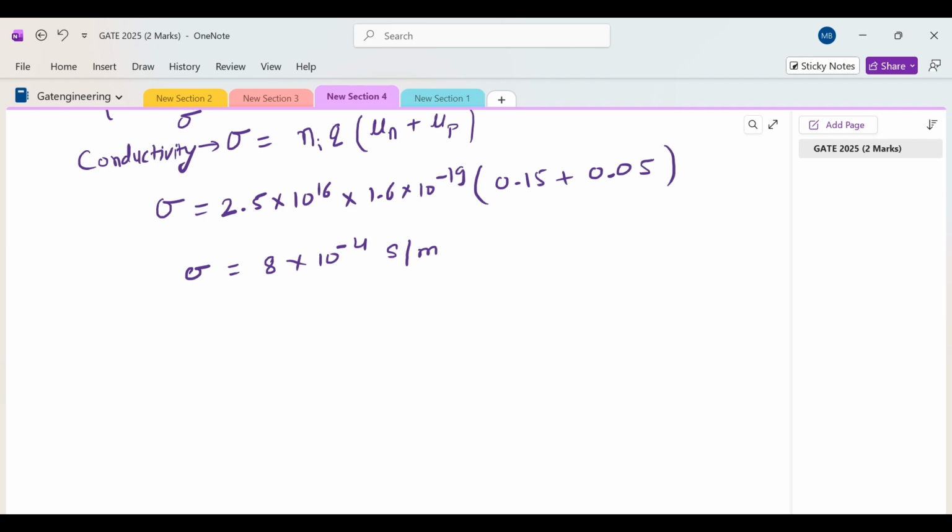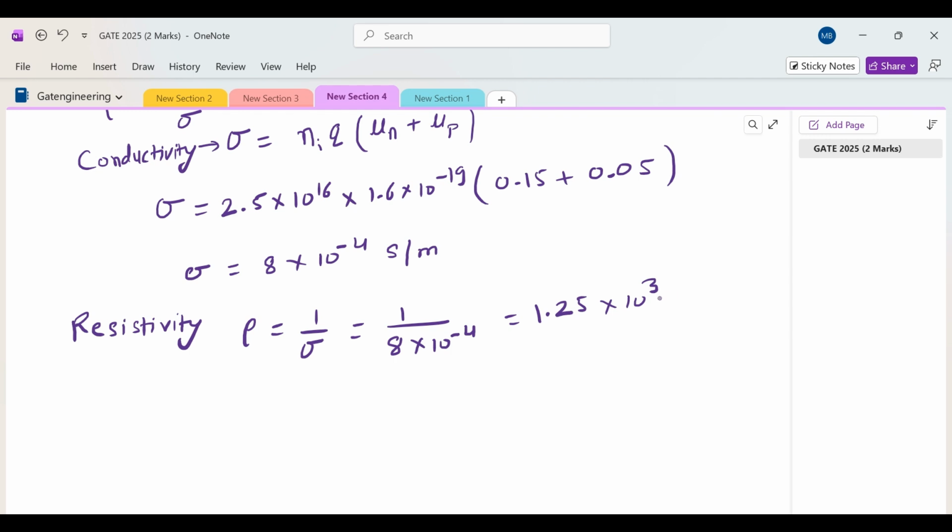And as we already discussed, resistivity is nothing but the reciprocal of conductivity. So it is 1 divided by 8 into 10 to the power minus 4. If we solve it, it is 1.25 into 10 to the power 3 ohm meter.